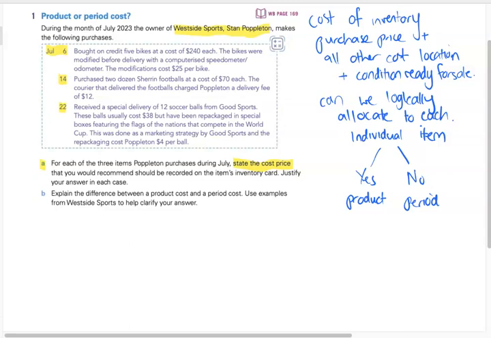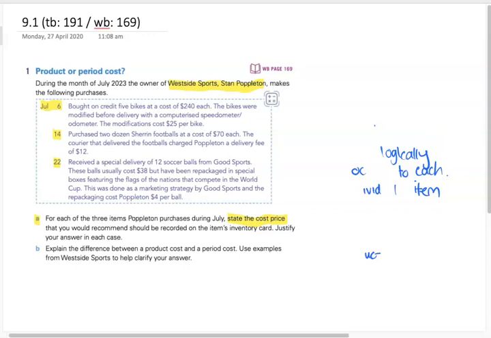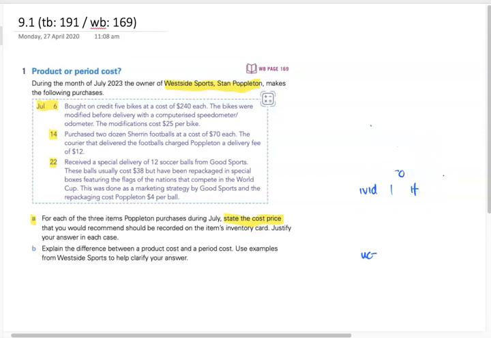So I'm going to delete that, and now we're going to go through each of these three examples. Let's go through these three examples. So on July 6th, we bought 5 bikes for $240 each.